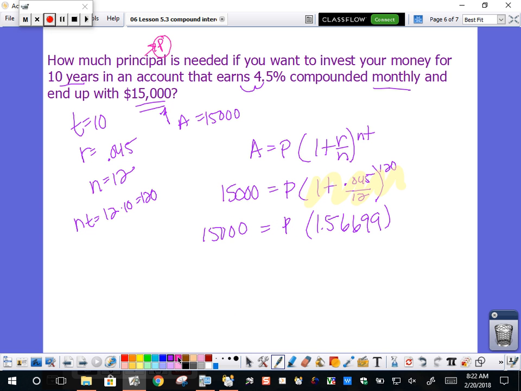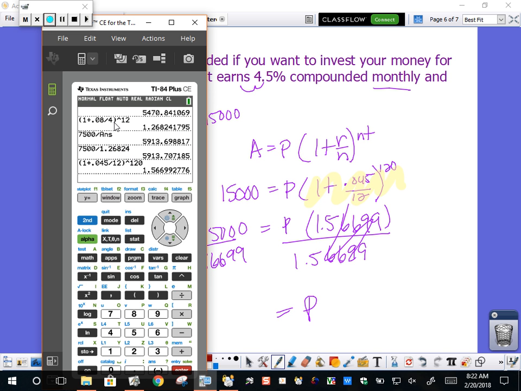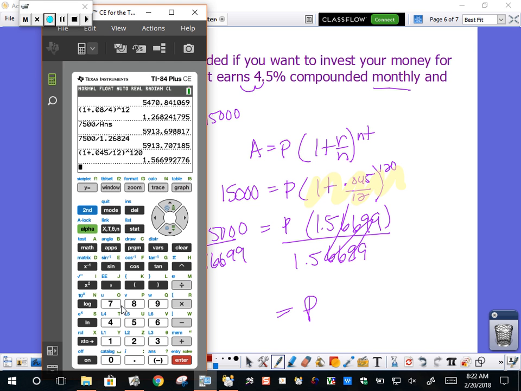Okay, so if we're trying to solve for P, you want to divide both sides by 1.56699. Okay, that'll solve for P. So I need to do 15,000 divided by the answer I just got. Okay, so I'm going to type this in as 15,000 divided by, then I'm going to hit second.